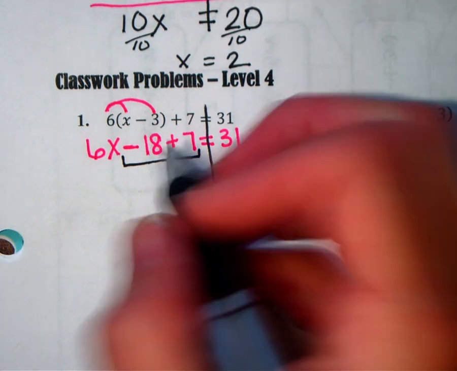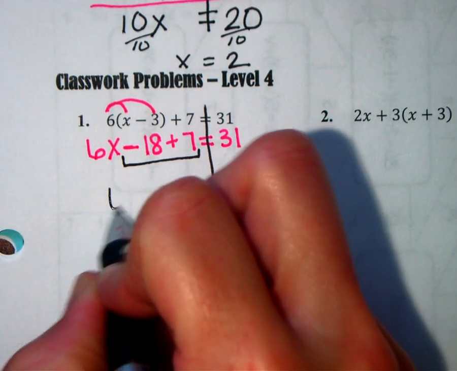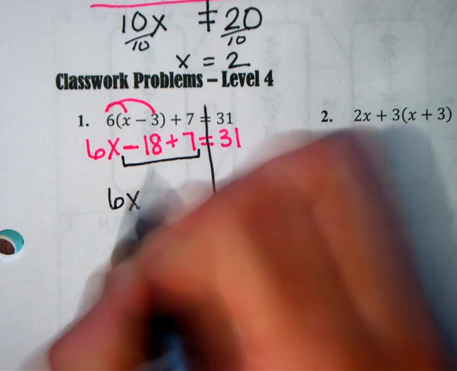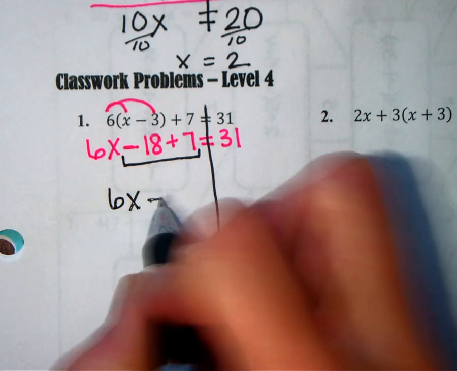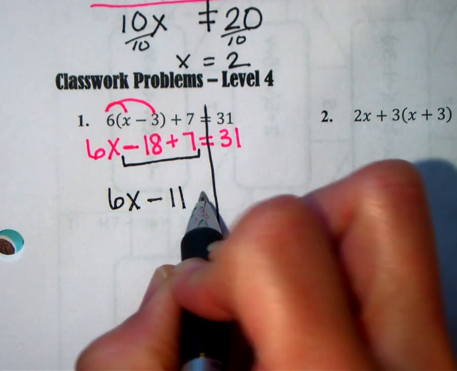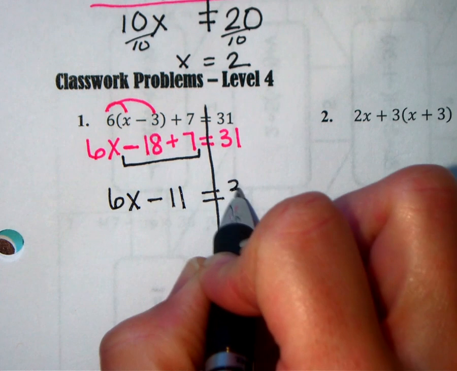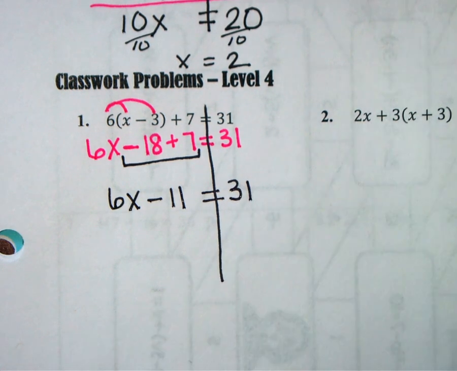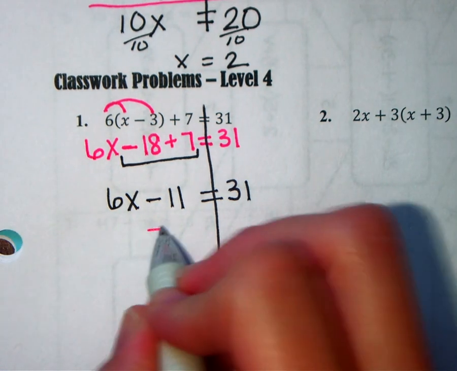So I'll bring down my 6x, and then I just typed that into my calculator to get the number, which is negative 11 equals 31. I'll add 11 to both sides.